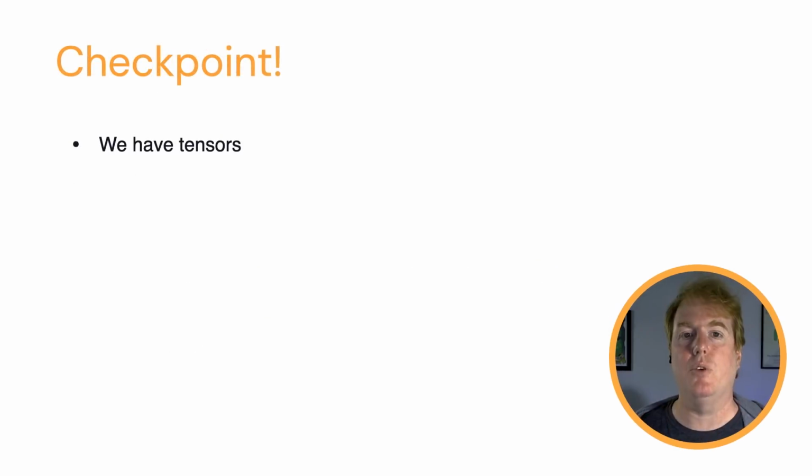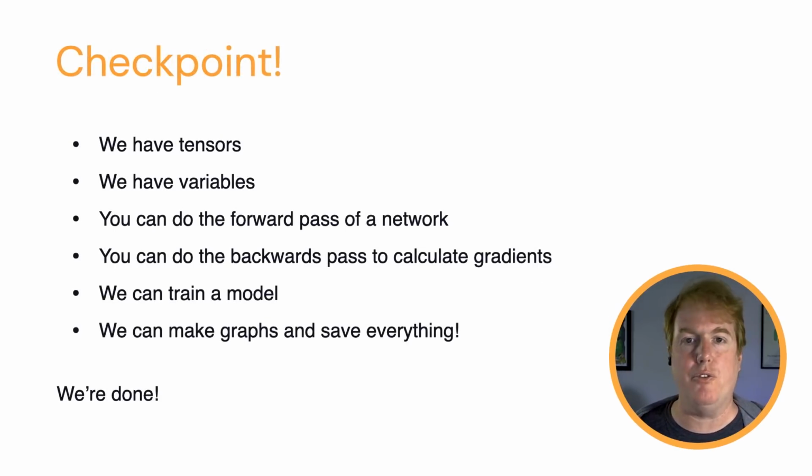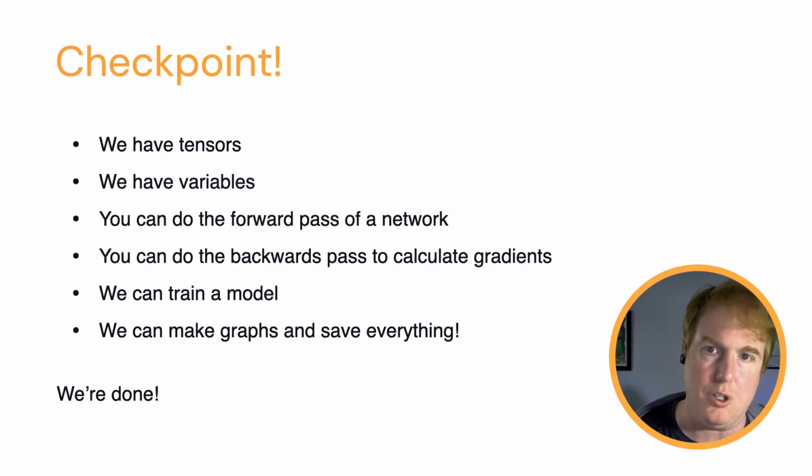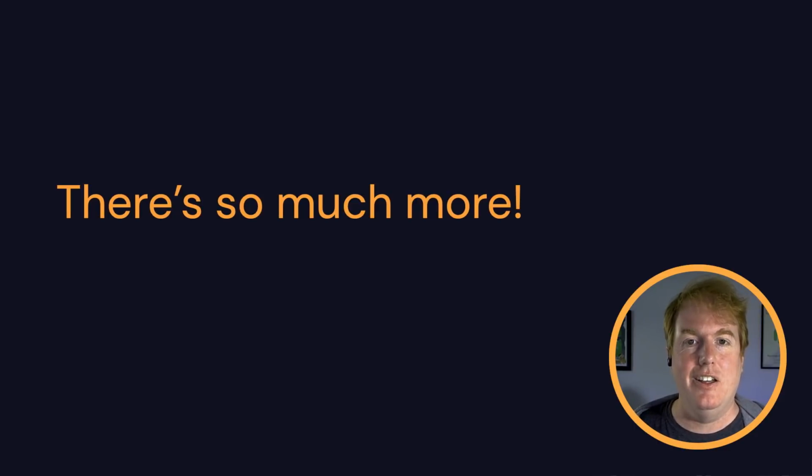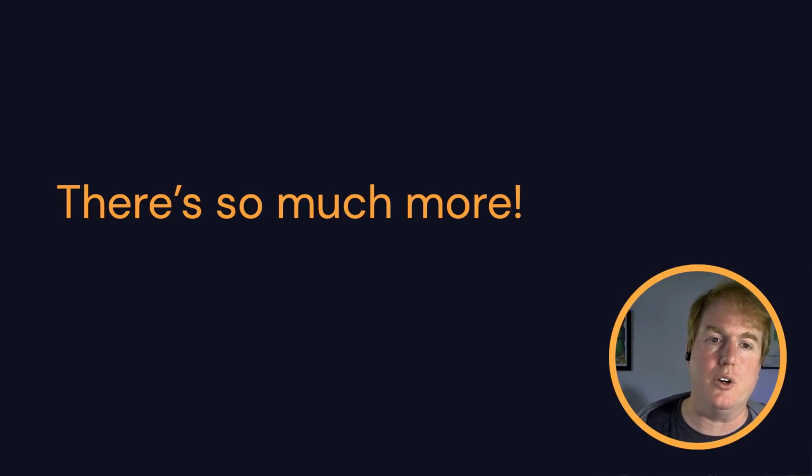So to recap, we have tensors, we have variables, we have the forward pass of a network, we have the backwards pass that allows us to calculate gradients. We can train a model, we can make graphs, and we can save. So we're all done. I mean, we're not. There's a lot more. For example, we haven't talked about any of the high-level APIs like Keras and Sonnet. They have idiomatic coding that you're going to want to learn about.